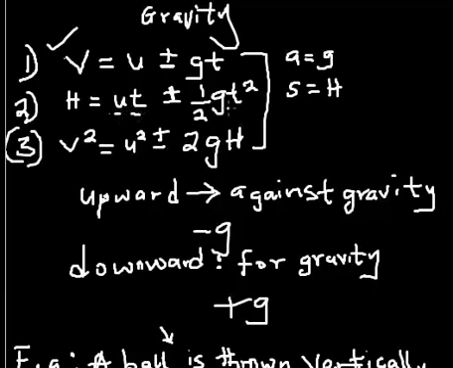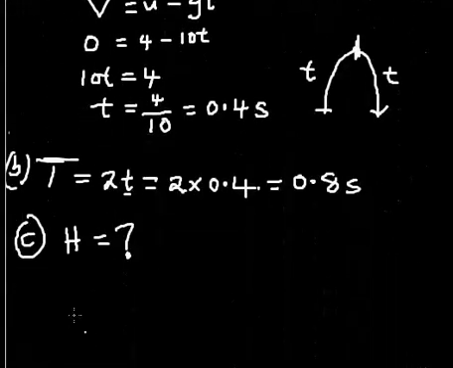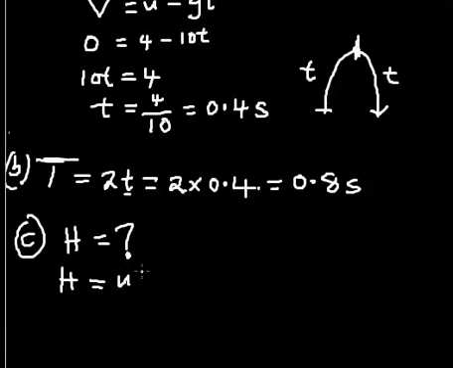That will be the second equation. So that's going to be h equal to ut, then of course it's going upward, minus half gt squared.